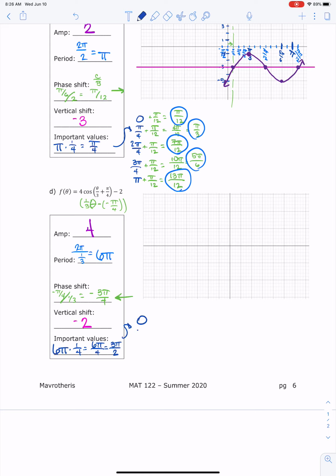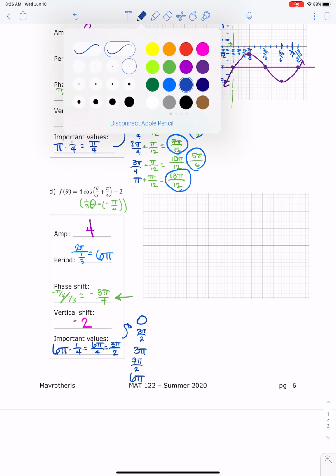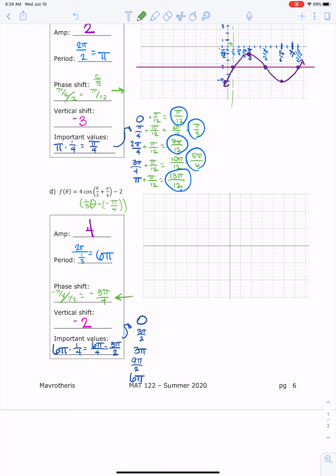So 0, 3 pi over 2, add another, you get 6 pi over 2, which is 3 pi. Plus 3 pi over 2 is 9 pi over 2. Plus 3 pi over 2 is 12 pi over 2, which is 6 pi. That's good. That's how it should work. We should end up at the end of the period.